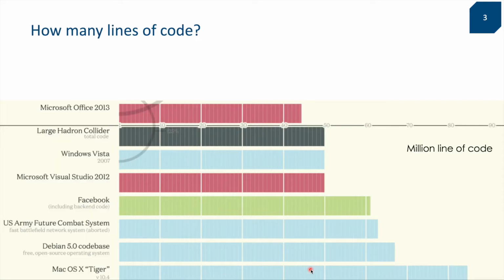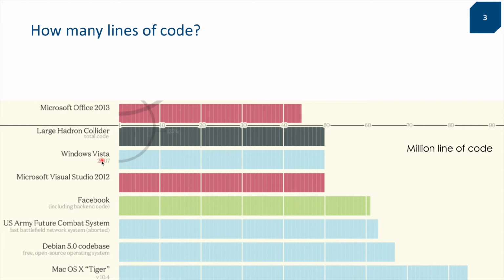When I talk about size in terms of lines of code, these are some examples of well-known software applications. As you can see, this is the number of millions of lines of code. For example, Microsoft Office 2013 has something around 45 million lines of code, and it's not even the latest version of Microsoft Office.